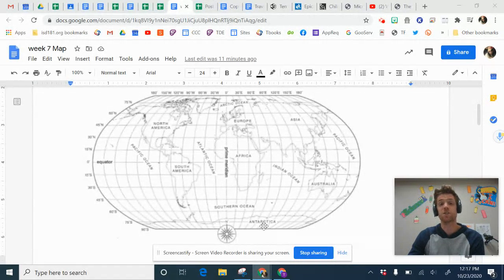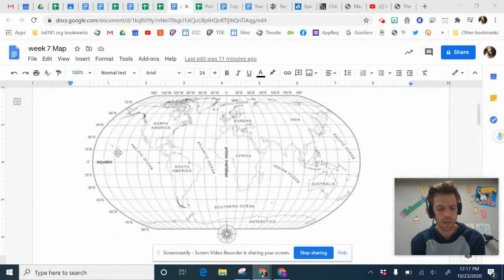Now, Antarctica is nowhere near this big. I'll tell you right now, the biggest distortion on our Robinson map is Antarctica, because it gets spread out so far like that. It is nowhere near that big. There are nowhere near enough penguins that could cover Antarctica. There are a lot of penguins, but not as many as it would show on this map.